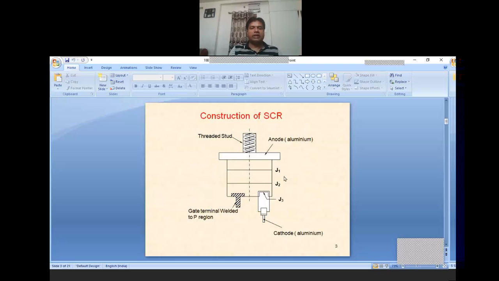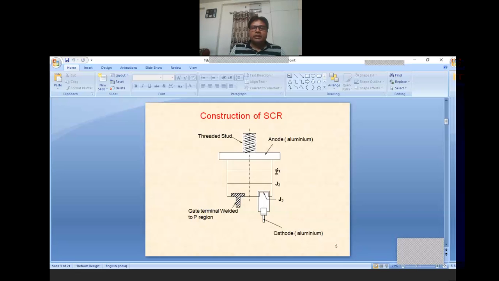As shown in the slide, it is comprising of P, N, P, and N layers.